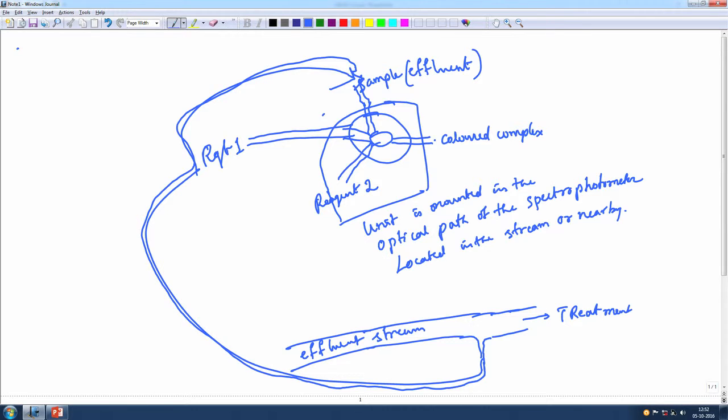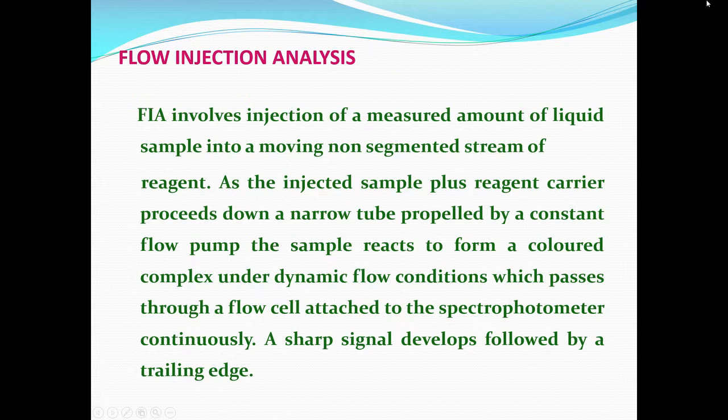So, in a continuous flow injection analysis, the curve of absorbance versus time would show a reference, and then complex will form, and then as it is swept out of the system, the color will come down, and then it will again reach the reference level. So, this is known as flow injection analysis. This flow injection analysis, abbreviated as FIA.